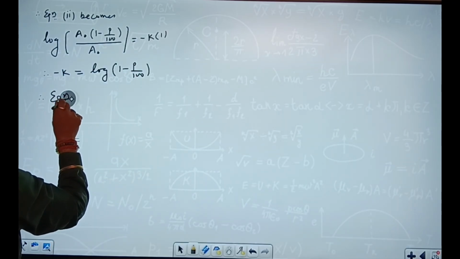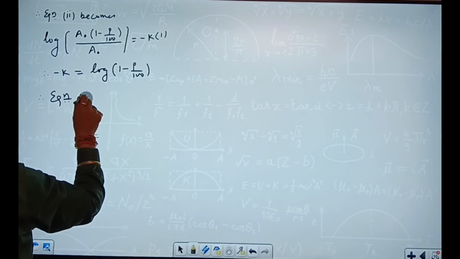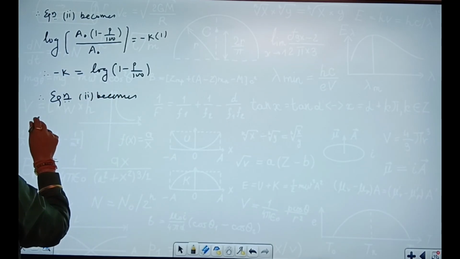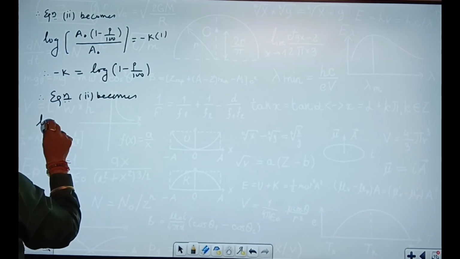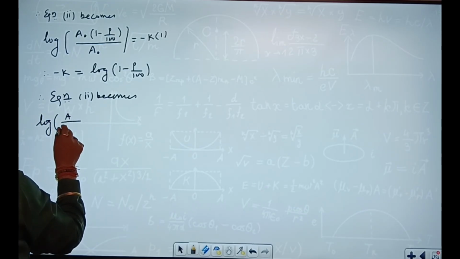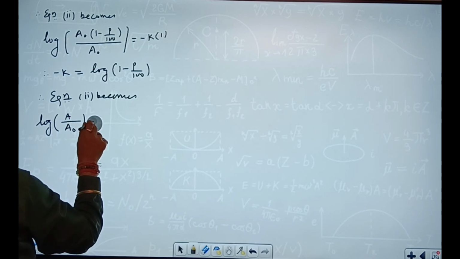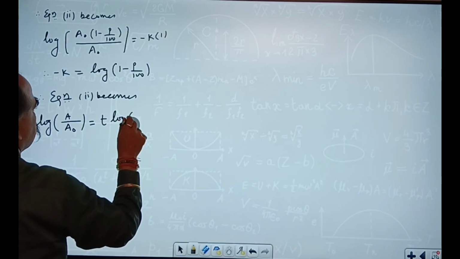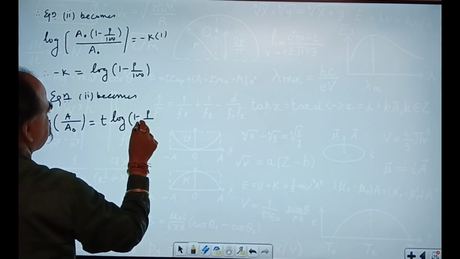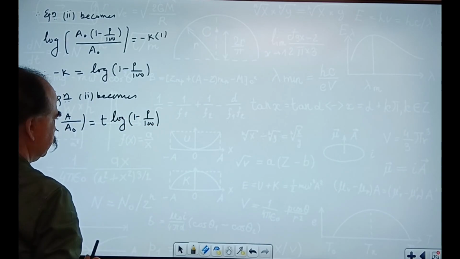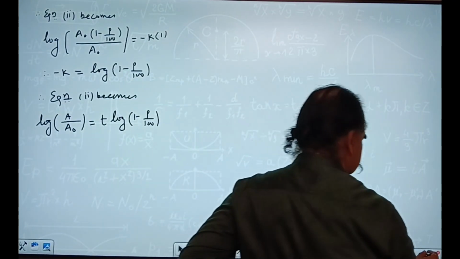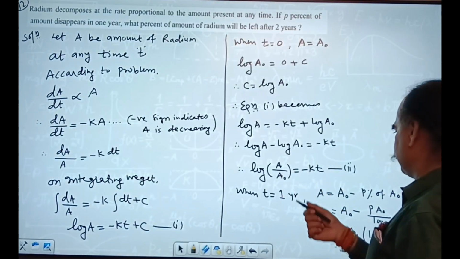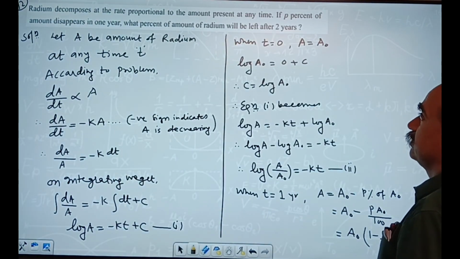So equation 2 becomes log A upon A0 is equal to t log 1 minus P by 100.